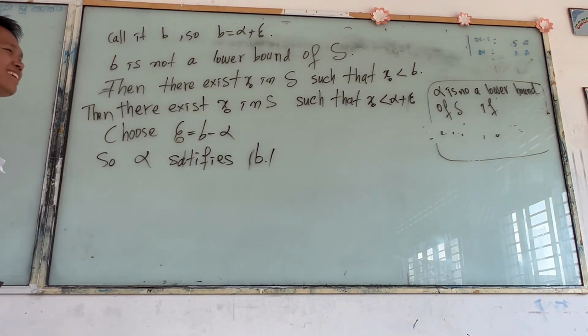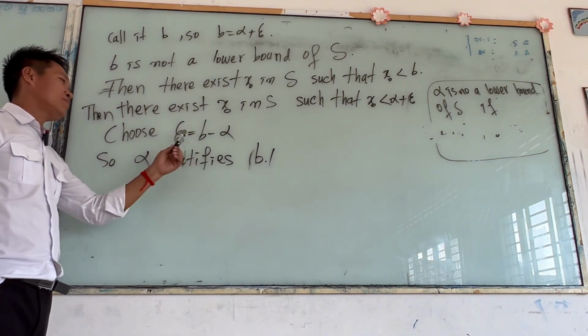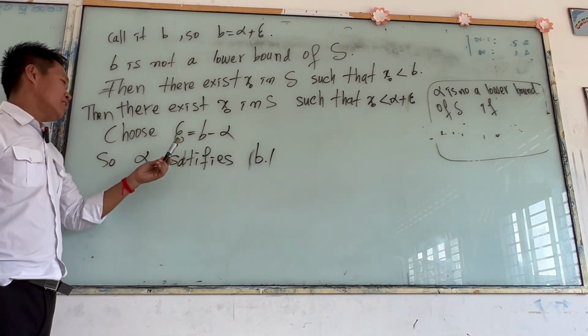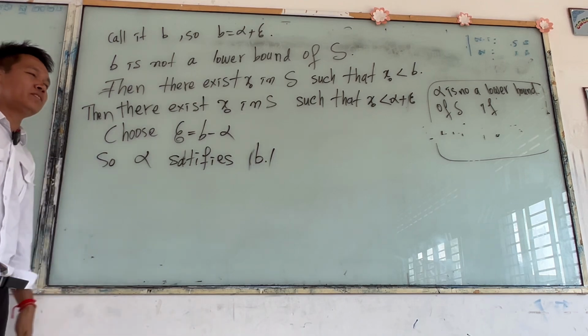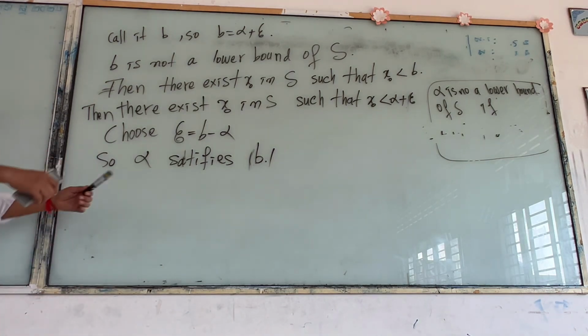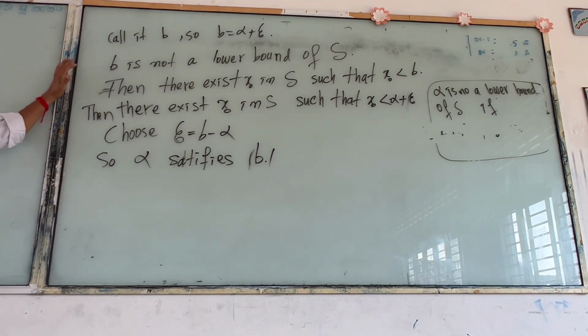Because b is bigger than alpha, b minus alpha is a positive one. For b in general and alpha in general, epsilon is any positive number in general also, right? And now we have found that alpha satisfies condition A and condition B. And now we have to show that there is only one alpha, or a unique alpha, that satisfies condition A and B, right?